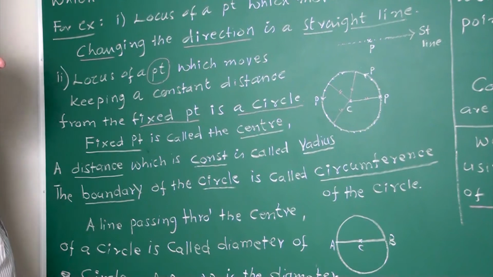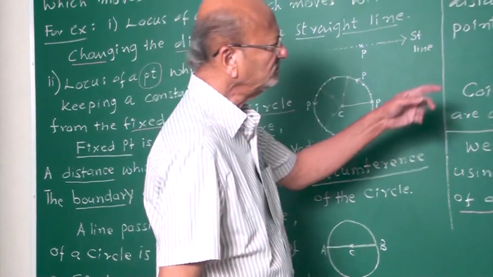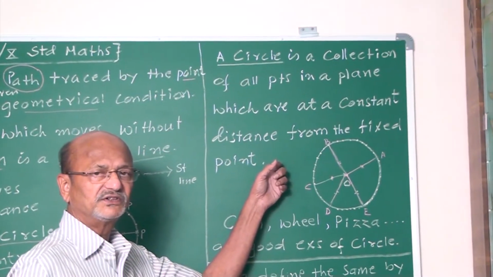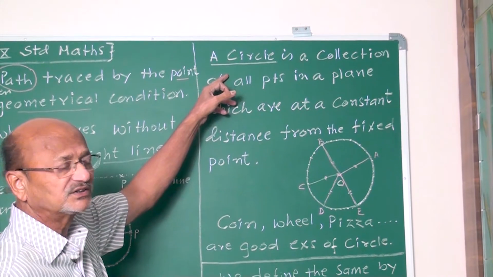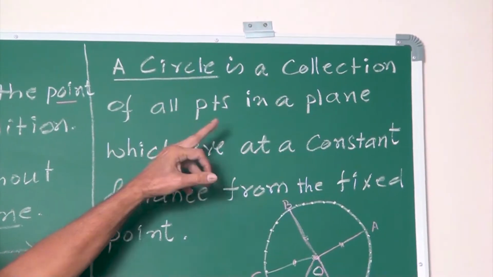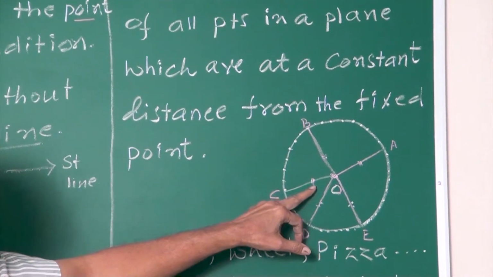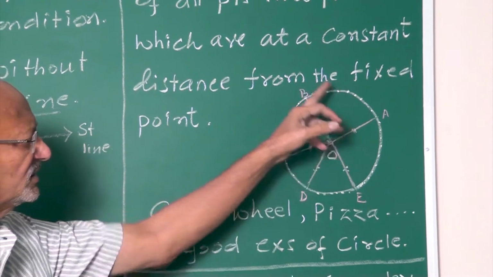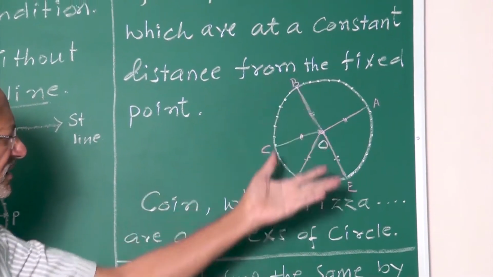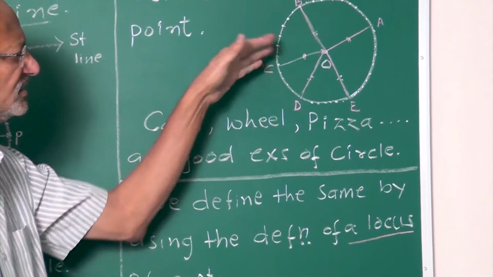I will repeat once again. This is the definition given in your textbook: a circle is a collection of all points in a plane which are at a constant distance from the fixed point. Such a collection of points is called a circle. A coin, wheel, pizza, they are circular in shape.